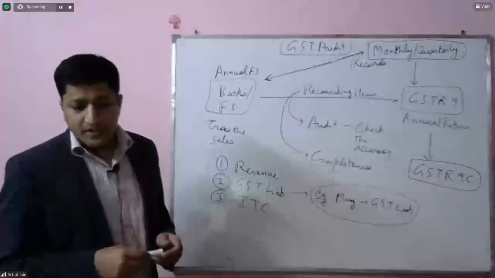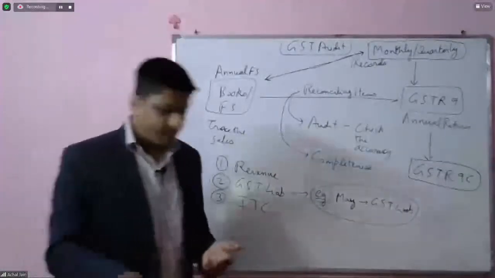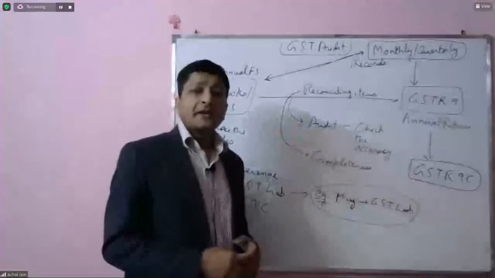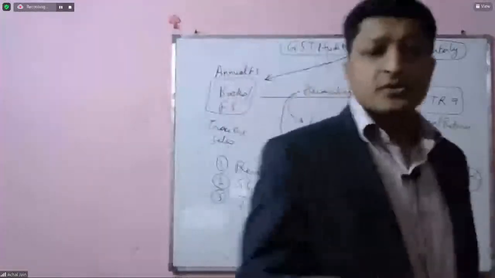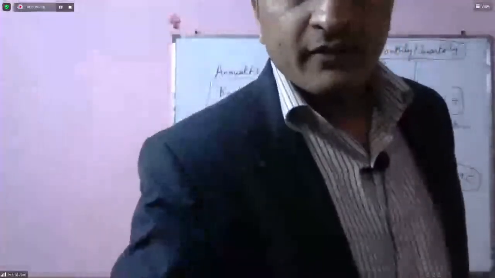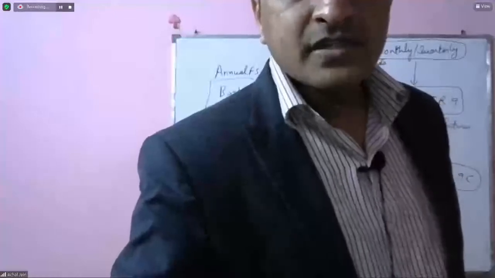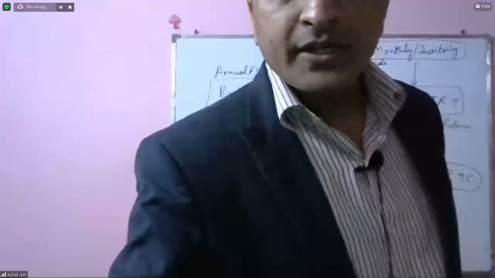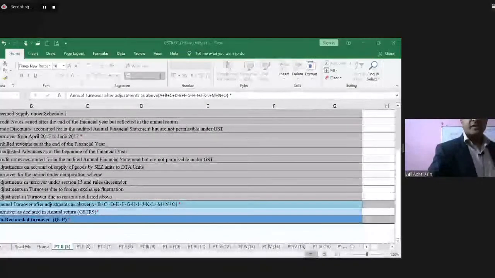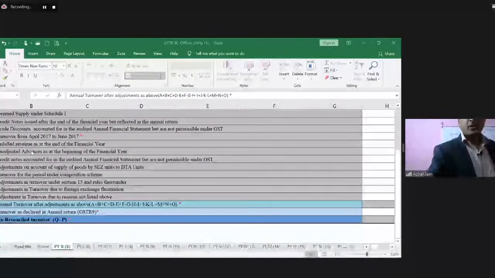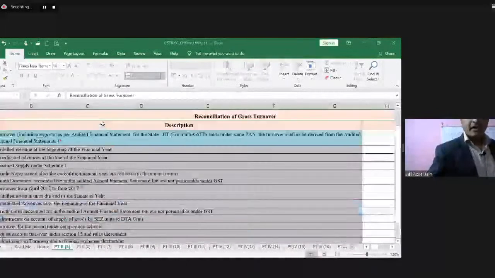Now what I will do is I'll quickly flip through some of the requirements of GSTR 9C one by one, and we'll see what those reconciling items are and how these are captured. So this part, which we can see, was all about annual turnover.